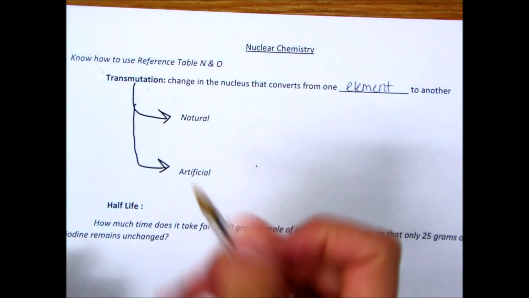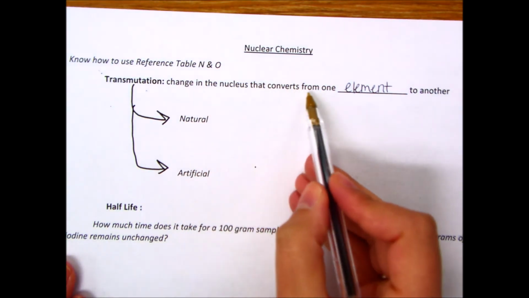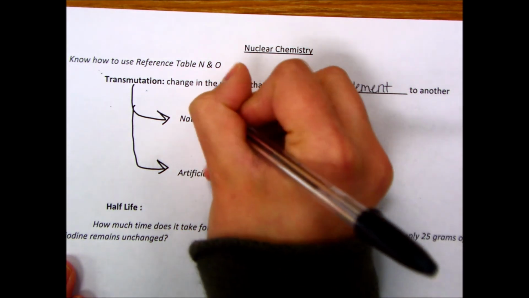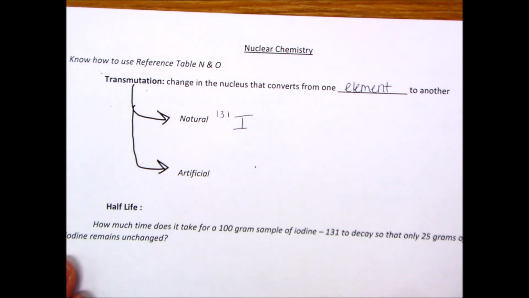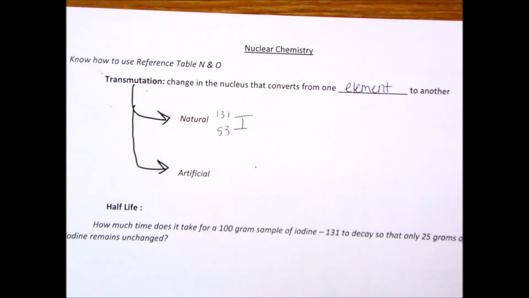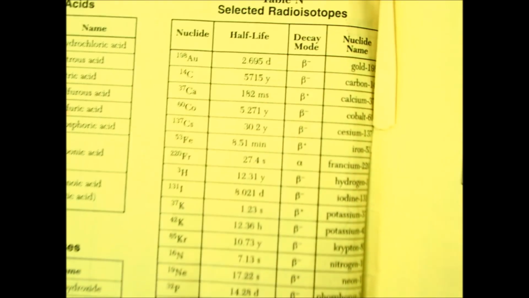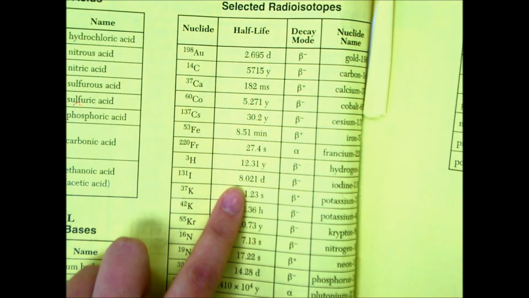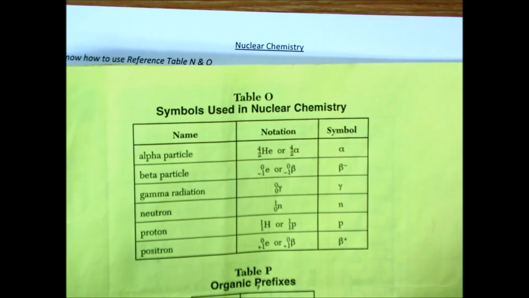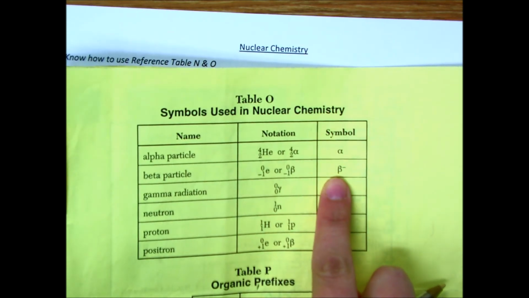And when that happens, you'll see there's been a change that converts it into a different element. So let's look at iodine 131 as an example. Iodine is atomic number 53. If I look at table N, iodine 131 undergoes beta decay. That's when you bring in table O to find that same symbol.